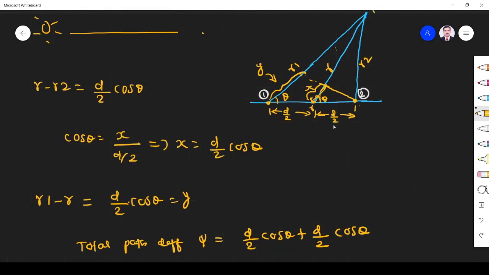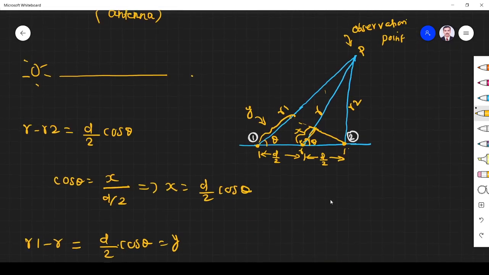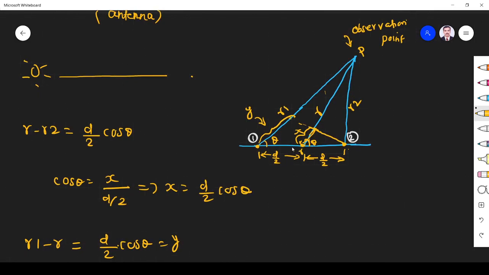Okay, you see, when the antenna radiates, the radiation starts from all three at the same time. One, this is the reference, this is 2. What will happen? The radiation from 2 reaches point P first, then the radiation from R will reach, then the radiation from 1 will reach. So in the order, first 2 will reach, followed by R, then by 1.